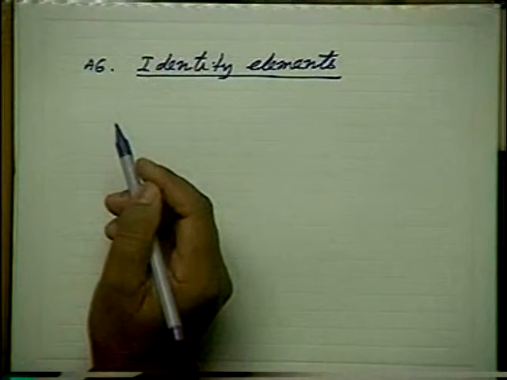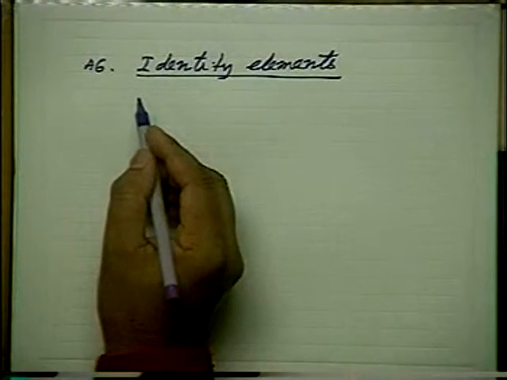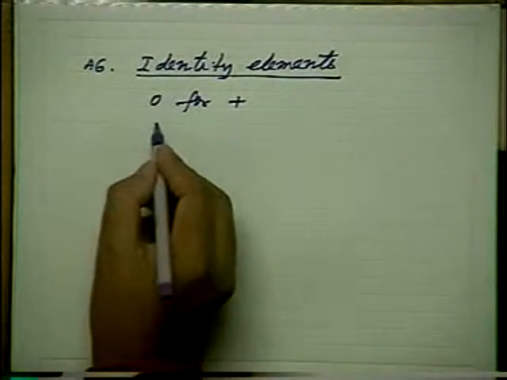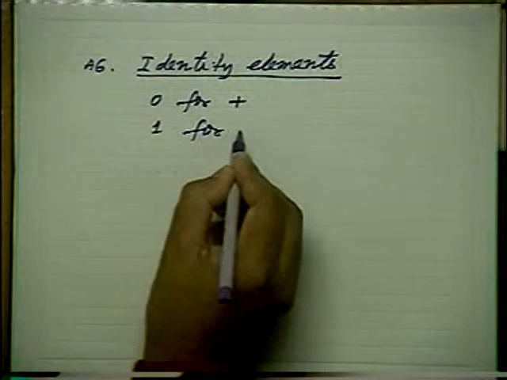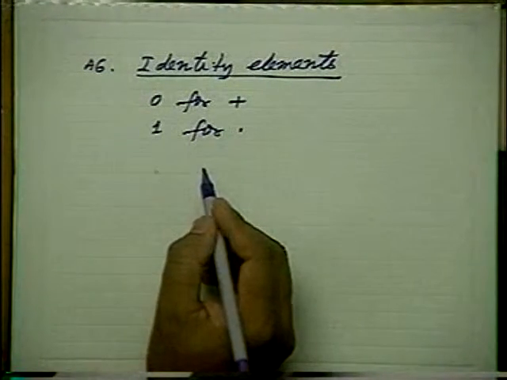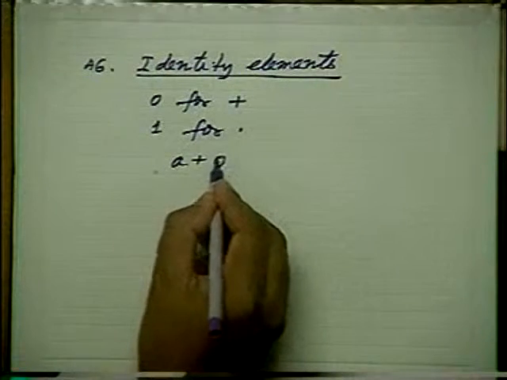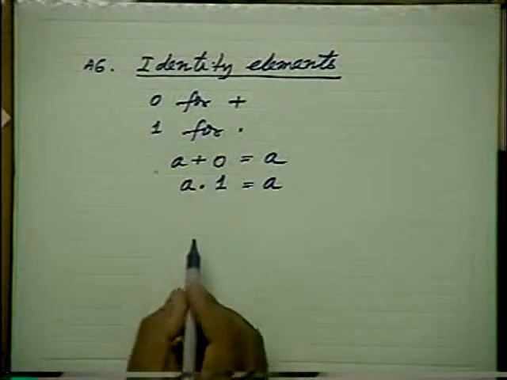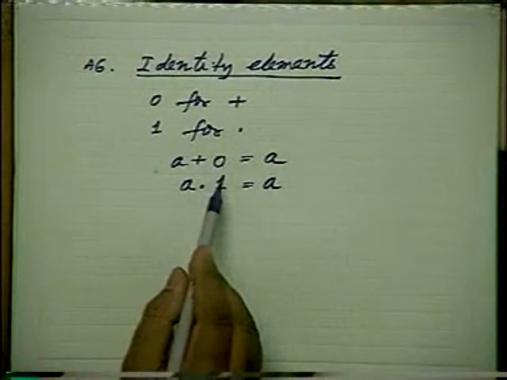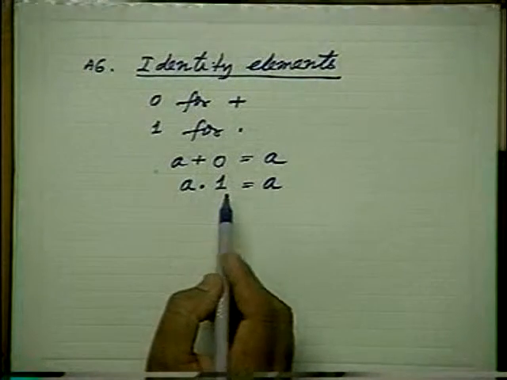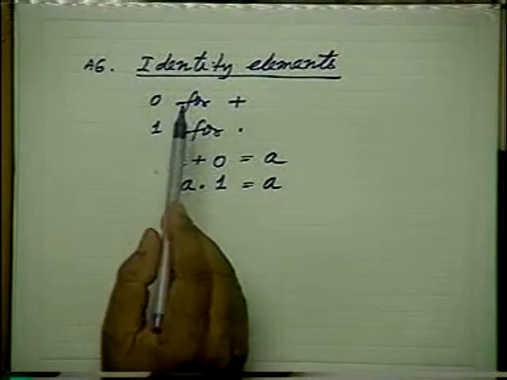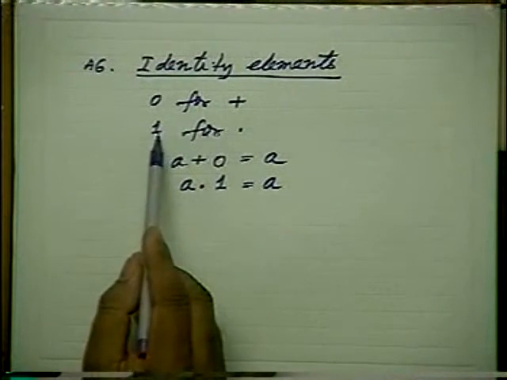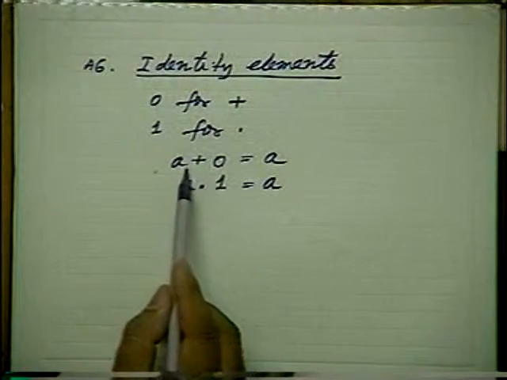That there exists an identity element. We denote this 0 for plus, and another identity element 1 for dot, such that A plus 0 is equal to A dot 1 is equal to A, where A, 0 and 1 are all contained in B. Let me repeat once more: there are two identity elements, one is 0 for plus and there is 1 for dot, such that this is true.